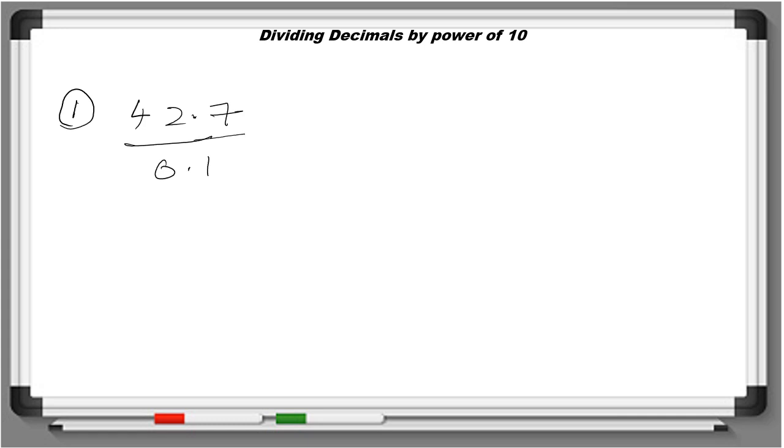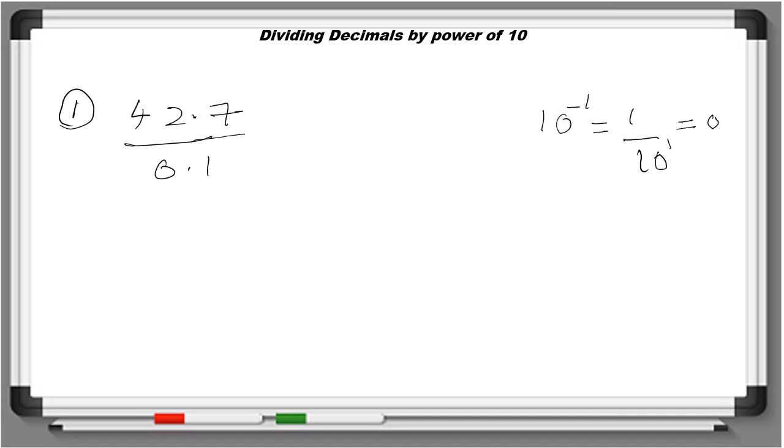When you see 0.1, it can be written in the form of a power of 10. How? 10 to the power of minus 1. That is nothing but 1 over 10, or 1 divided by 10. 10 comes in the denominator, and the negative power becomes positive. When we divide 1 by 10, we get 0.1.